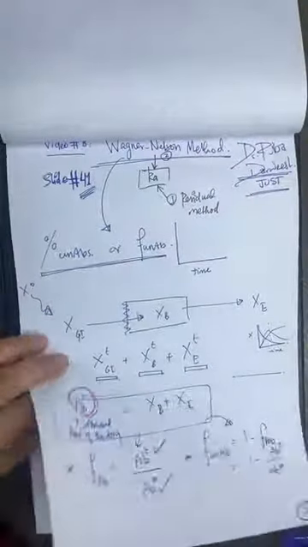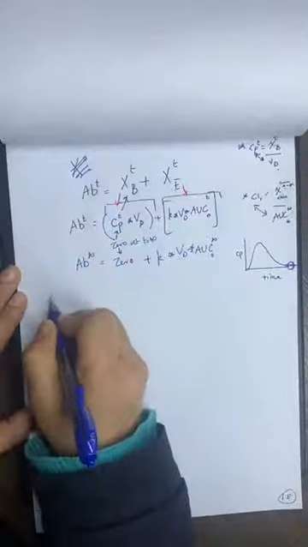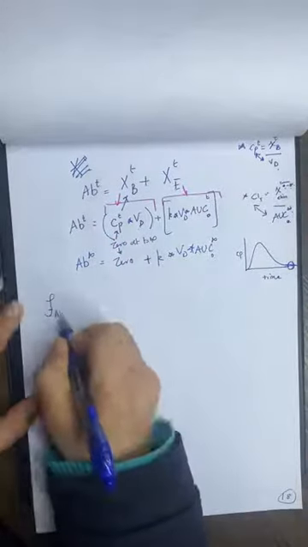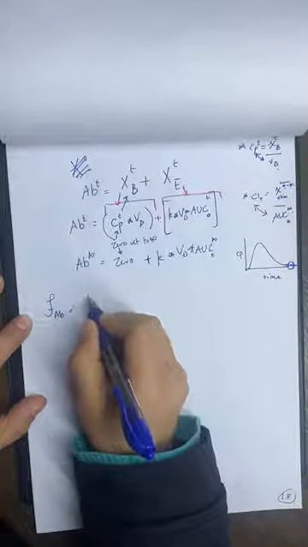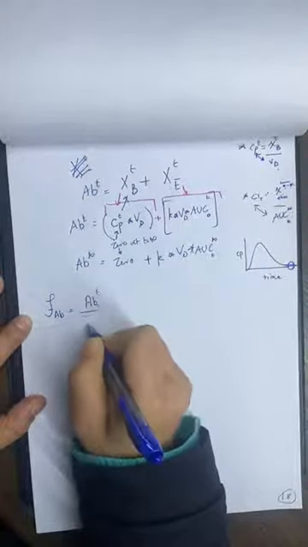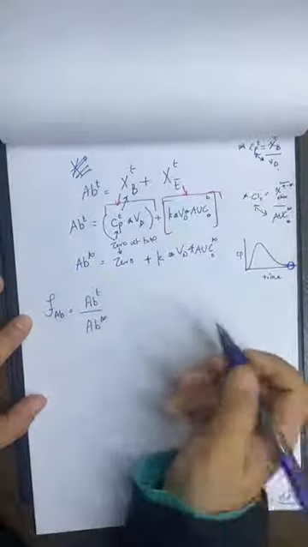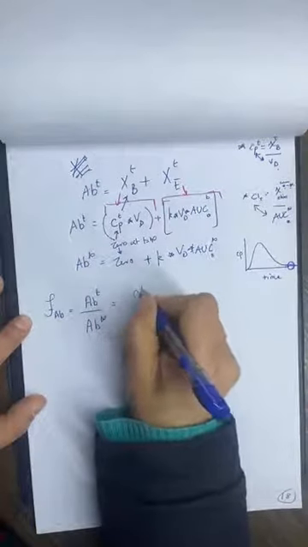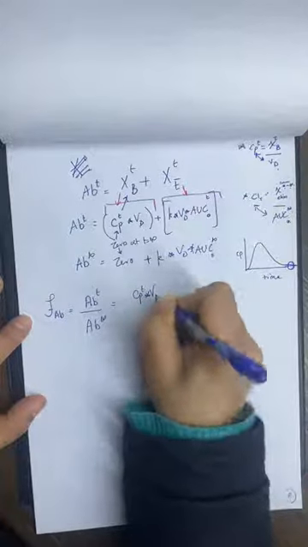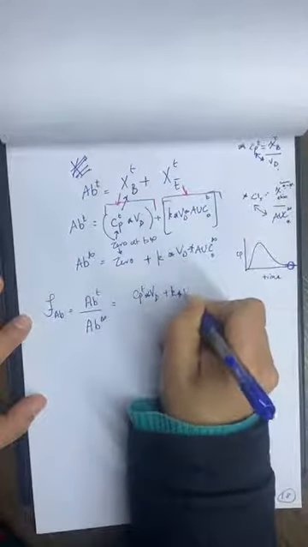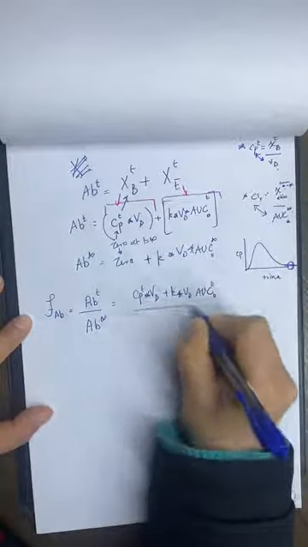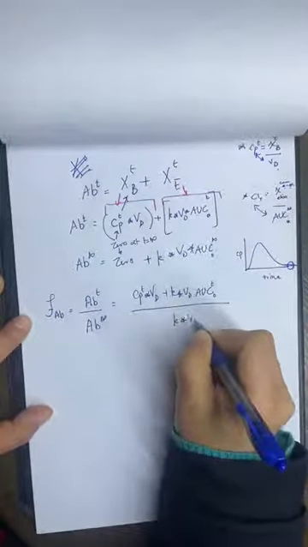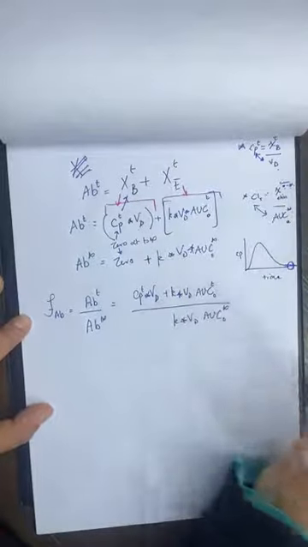So according to this, I finished this. So I can determine the fraction of the drug absorbed, right? Which will be equal, according to this, to the amount absorbed at a certain time over the amount absorbed at time infinity, which equals CB at certain time times VD plus K times VD times the area under the curve from 0 to certain time, over K times VD times the area under the curve from 0 to infinity.